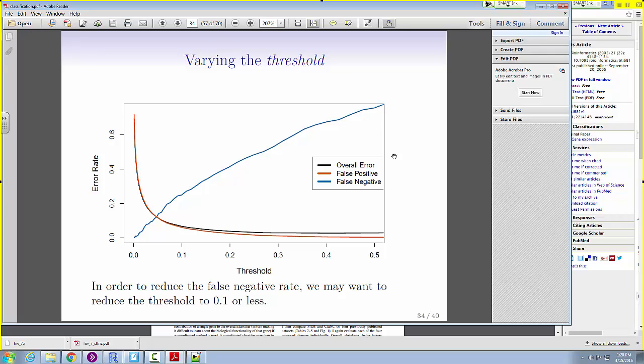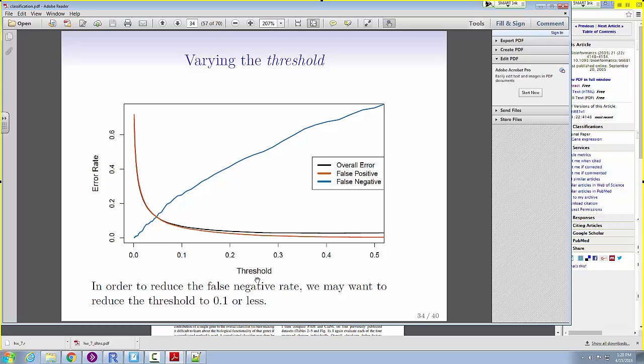We don't know right now, without some help from the data, what the right choice is in terms of the best balance between these errors, false positives and false negatives. This picture illustrates the idea. We could change the threshold.